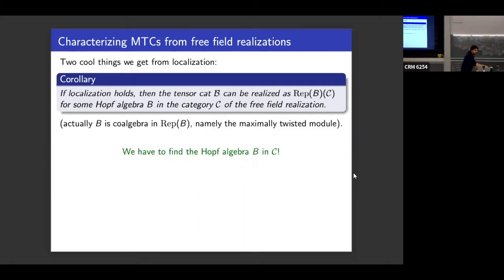If you have this yellow arrow, so if you can make a twisted module into a local module by force, if there is a tensor functor in this direction. And we just saw three different scenarios or proof strategies for how to establish the existence of this yellow arrow. And now we see what is the fallout of this.